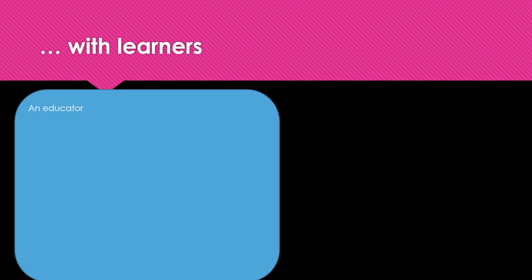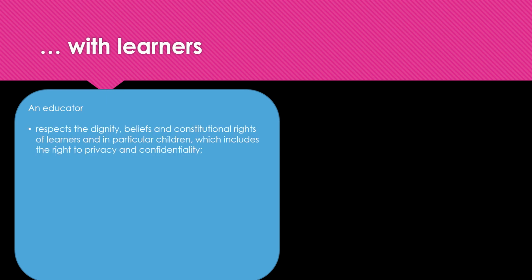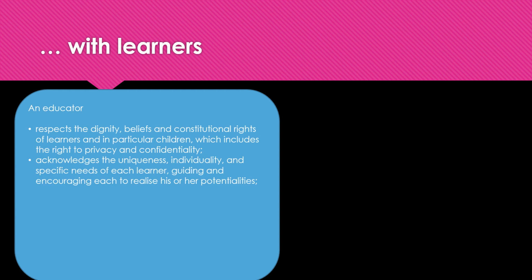The next section is the longest in the code and relates to the interaction between educator and learners. We're going to take it in 3 chunks. The first chunk says that an educator respects the dignity, beliefs, and constitutional rights of learners, and in particular children, which includes the right to privacy and confidentiality. Teachers also must acknowledge the uniqueness, individuality, and specific needs of each learner, guiding and encouraging each to realize his or her potentialities.